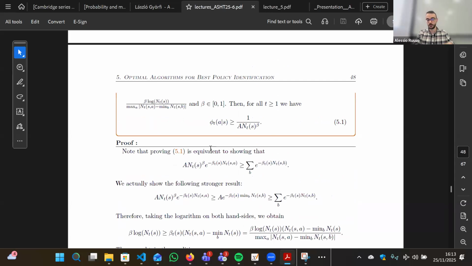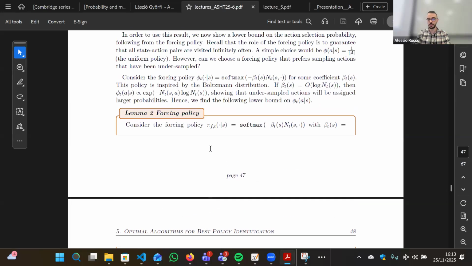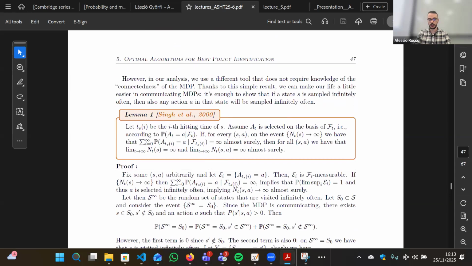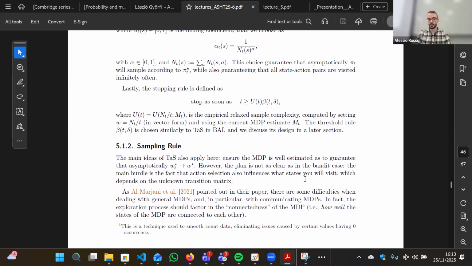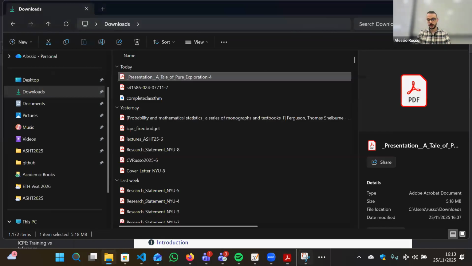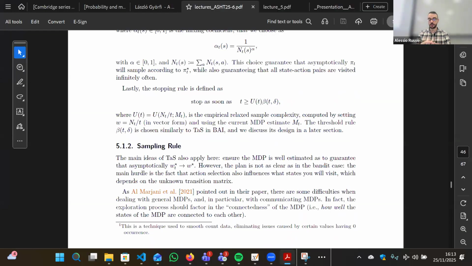But first, we need to ensure that we are selecting all the actions with non-zero probability, and we also need to ensure that our estimate of the MDP converges to the true one. So, if you remember from track and stop, if we don't have a good estimate of the MDP, then the allocation that we are computing at each time step, the W star, might be very different from the true W star.